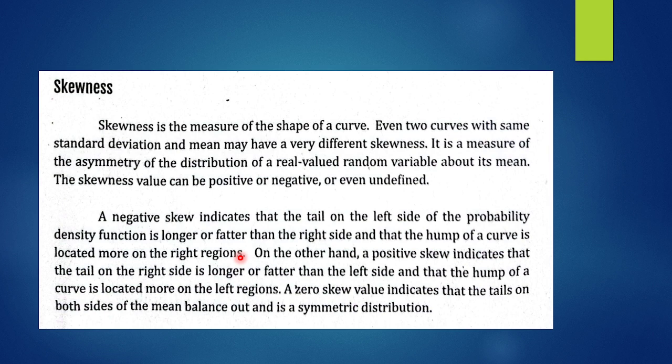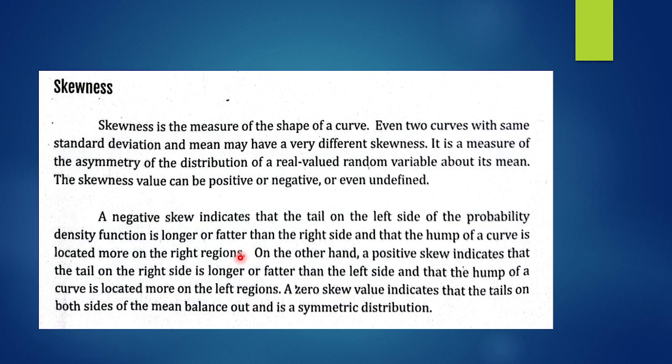Even two curves with the same standard deviation and mean may have very different skewness. It is a measure of the asymmetry of the distribution of a real valued random variable about its mean. The skewness value can be positive or negative or even undefined.